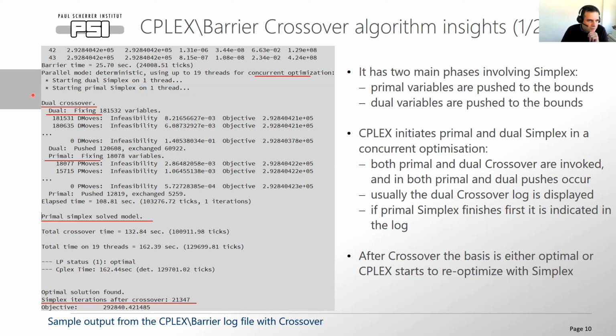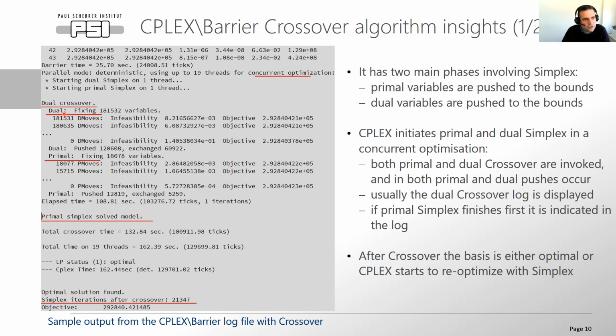Independent of what type of crossover is initiated, primal or dual, the crossover does two things. It takes the primal variables and pushes them to the bound, and then it takes the dual variables and pushes them to the bound. This is indicated here with dual D moves and primal P moves.